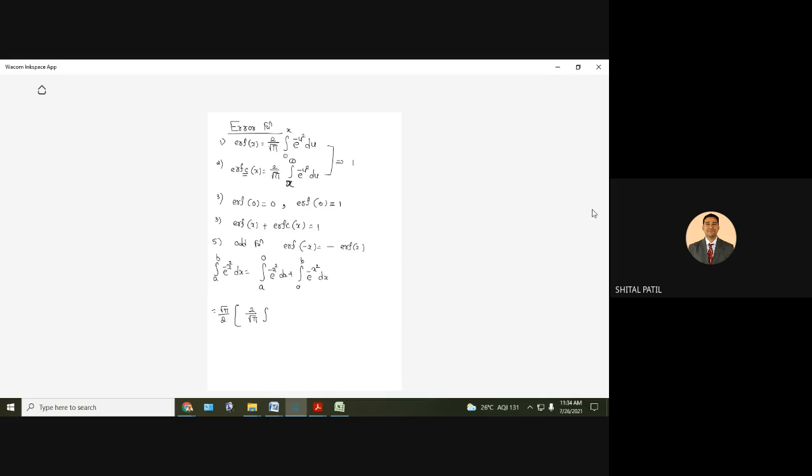I am changing the order of integration here. So minus sign. Both of them, they are the formulas of error function. We know the remaining part very well. This is what we are expecting. This is the answer.